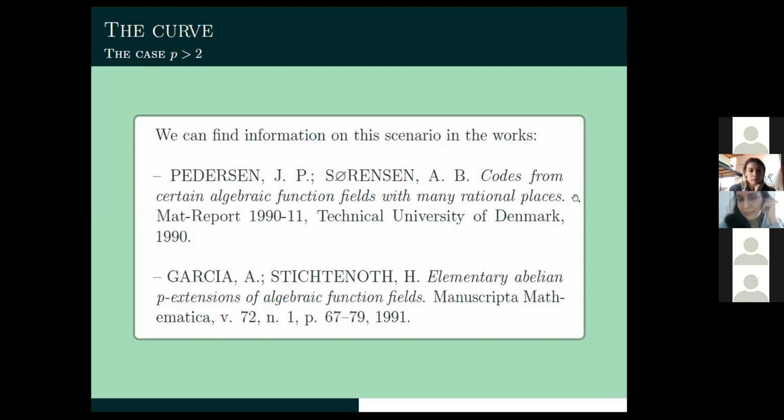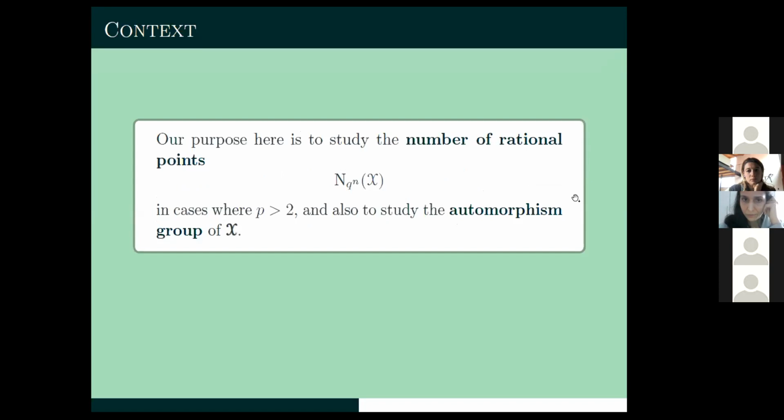Some works have already studied this curve in terms of the Weierstrass semigroup at the point at infinity, some codes on this curve, and also in terms of elementary abelian extensions, since this curve is an example of such a function field.